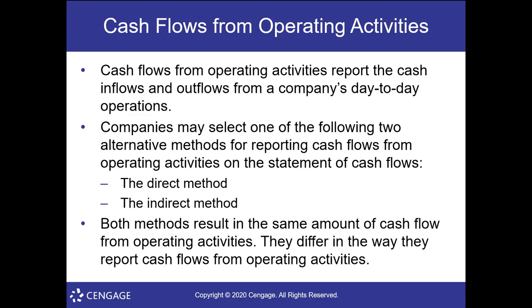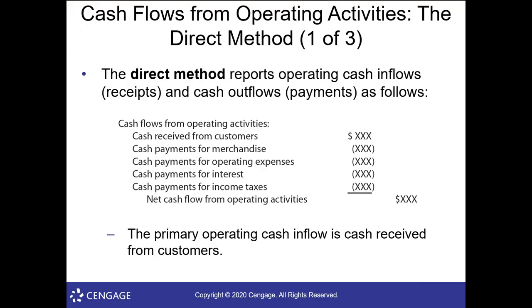There are two methods by which this statement can be presented, either the direct method or the indirect method. The difference between the direct and indirect method only affects the first section, the cash flows from operating activities. The direct method identifies cash received: cash received from customers, and cash payments for merchandise, operating expenses, interest, and taxes.